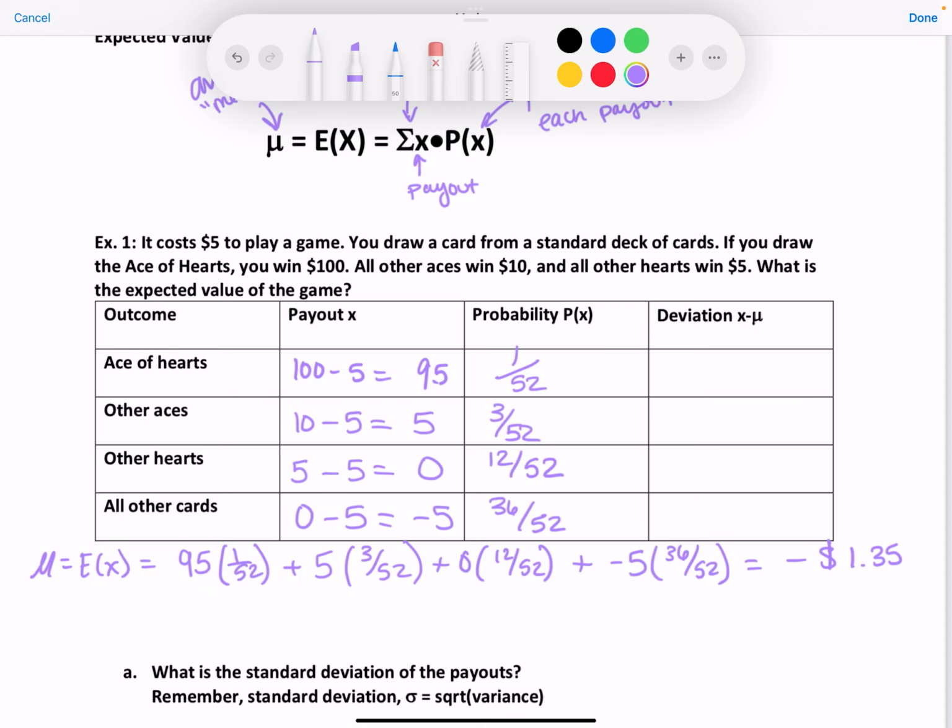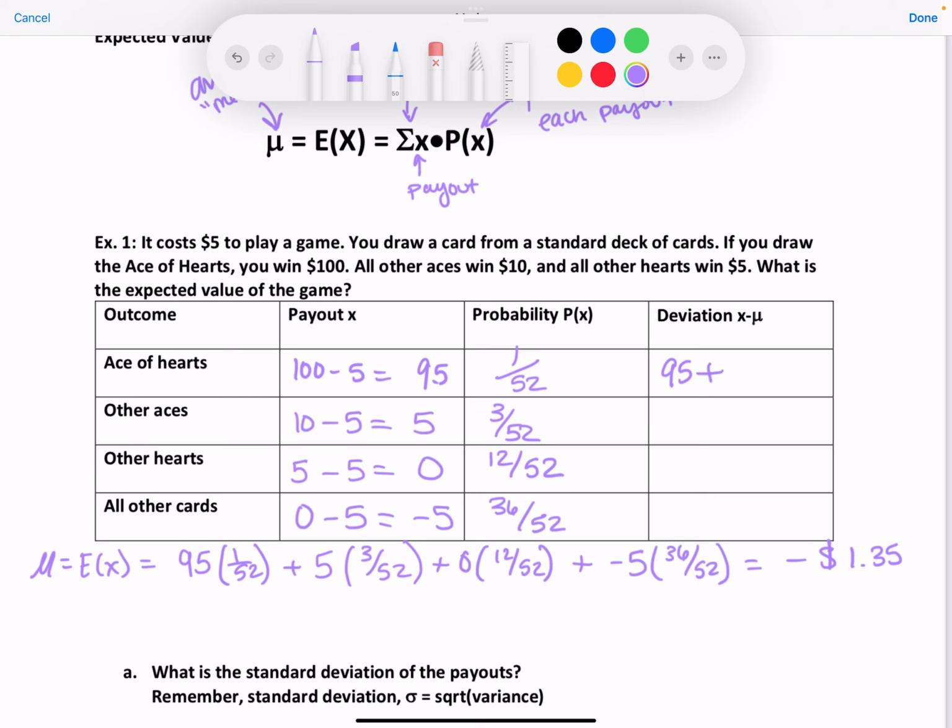So to find the standard deviation, it's the payout minus this expected value, but it's going to end up being minus a negative, so we're going to be adding. So 95 minus negative, which I'm just going to go ahead and change to plus.